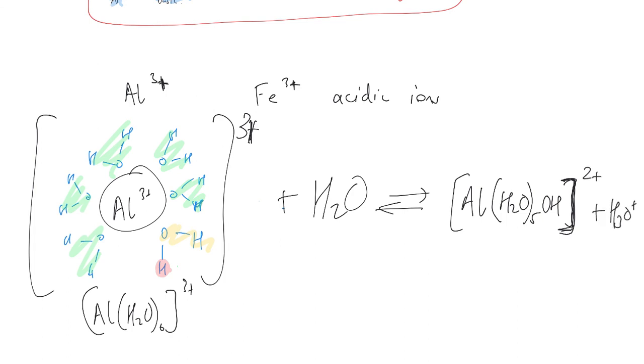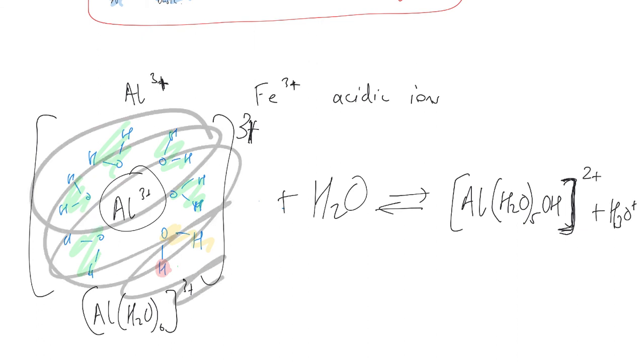So this whole thing here is a complex ion. This is also a complex ion. The idea is that this aluminium and iron form a complex ion to allow it to give protons to other things, which is why it's acidic in nature.